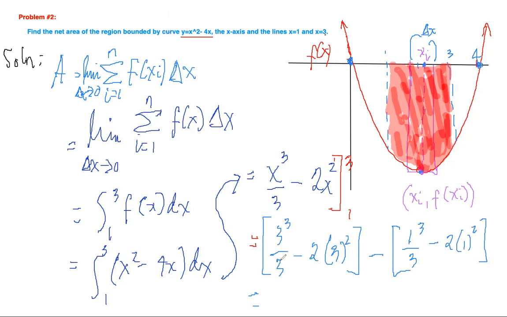Simplifying, this becomes 9 minus 18 minus 1/3 minus 2.